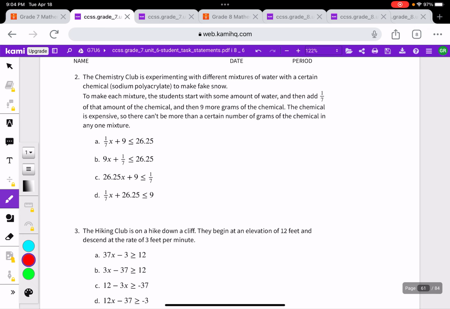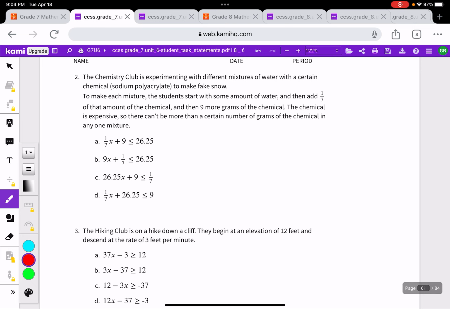To make each mixture, the students start with some amount of water and then add 1/7 of that amount of the chemical, and then 9 more grams of the chemical. The chemical's expensive, so there can't be more than a certain number of grams of the chemical in any one mixture. So I could see that being a less than or equal to problem.